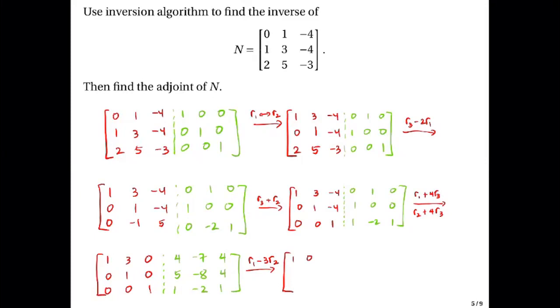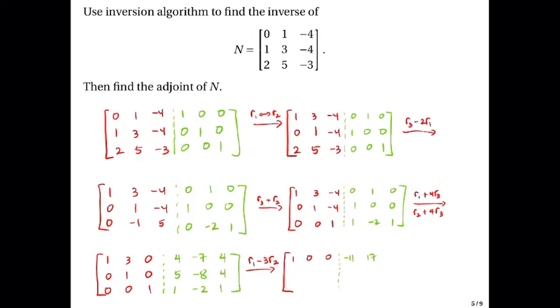And then 0 minus 0 here, you have that 0. On this side, we have 4 minus 3 times 5. So 4 minus 15, that's minus 11. Then here, minus 7 minus 3 times negative 8. So what's that? Minus 7 plus 24. So 24 minus 7, that's 17.